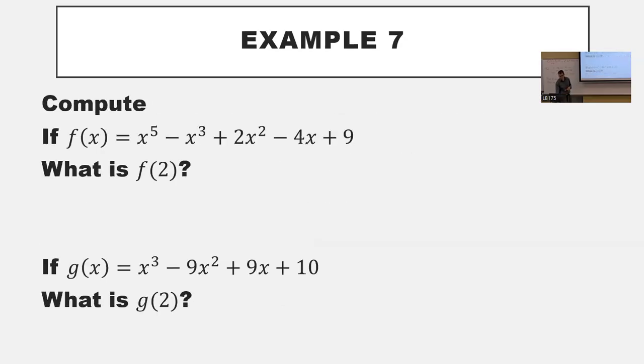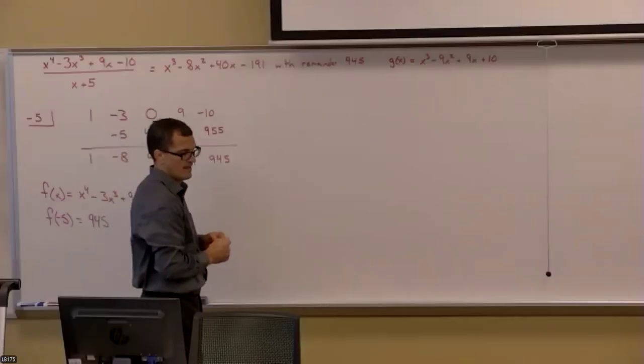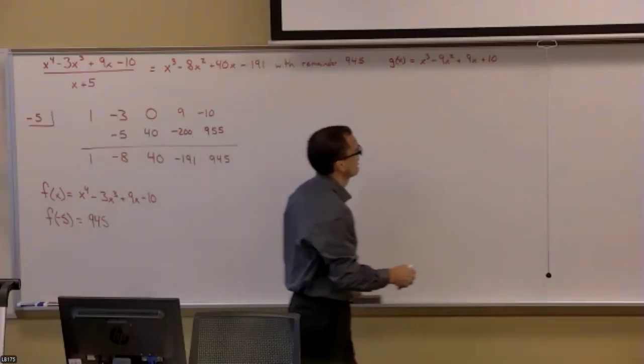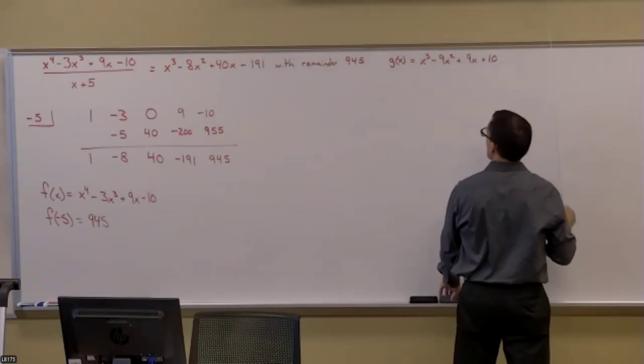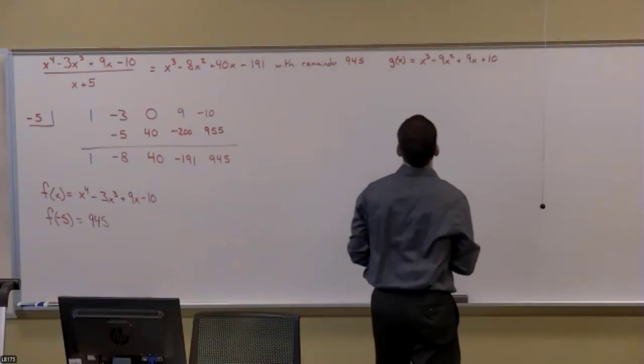If I go back to this example where I had g of x equals x to the third minus 9x squared plus 9x plus 10. So I have this example, g of x.